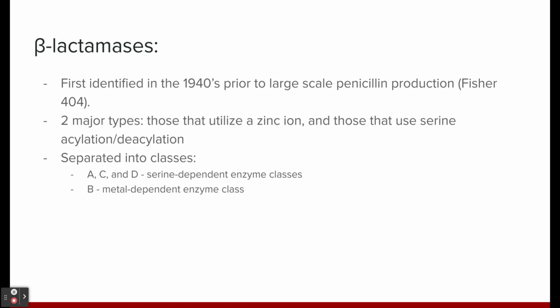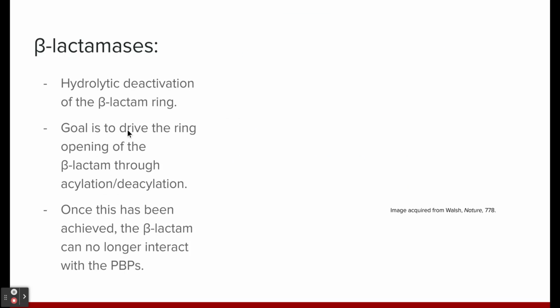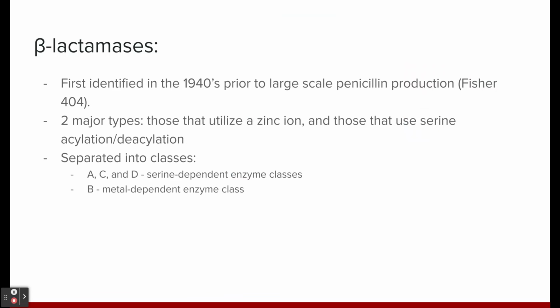Okay, the second mode is what are called beta-lactamases. These were identified prior to large-scale penicillin production, and there are 2 major types. The first major type uses serine acylation and deacylation, and these are classes A, C, and D, the serine-dependent enzyme classes.